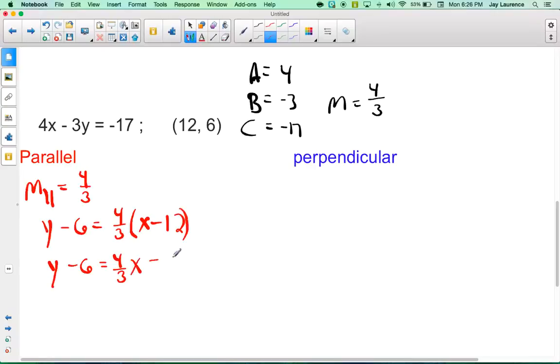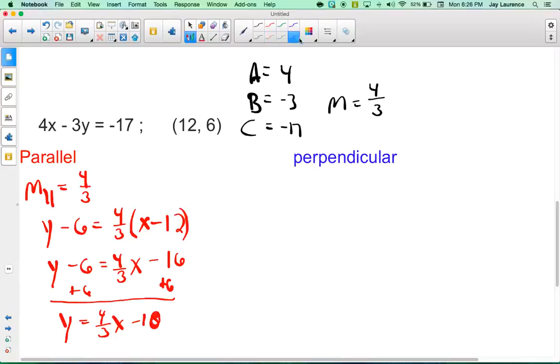Without practice, it is very unlikely that you'll remember. All right, adding 6 to both sides, and I'm going to get y equals 4/3 x minus 10. And there you go. That equation is parallel to the original equation.